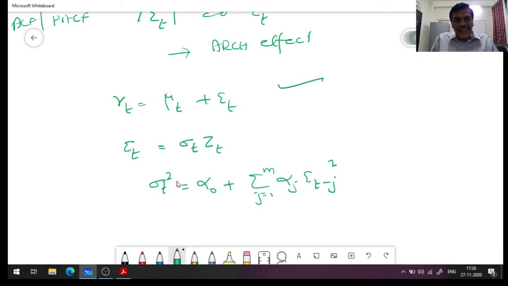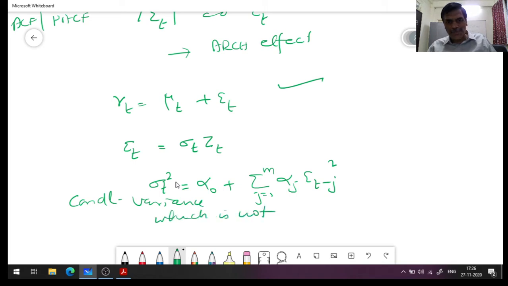This is like a conditional variance. So you are trying to model the conditional variance, which is not observable. See, this is very important. We are modeling the conditional variance, which is not observable.